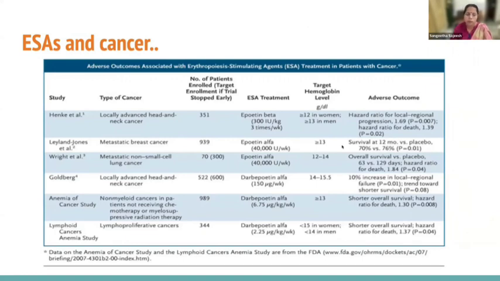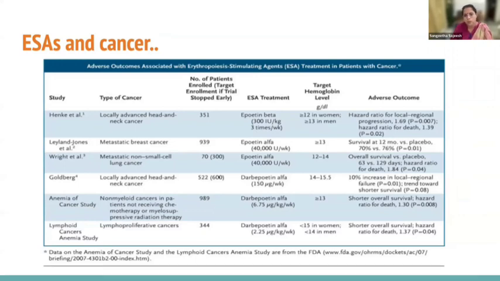What is the reason? These are the different trials and studies which were done in cancer patients, and with use of erythropoietin stimulating agents, what were the adverse outcomes? You can see they were especially head and neck cancer, metastatic breast cancer, metastatic non-small cell lung cancer. These were the different types of cancers in which erythropoietin was used.